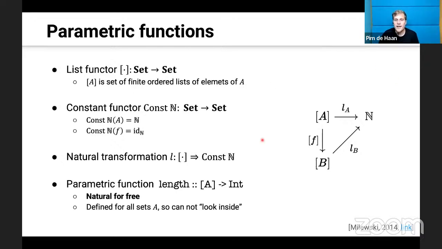And this is a triangle and not a square, because any morphism f is applied to the identity map on the set of natural numbers. And there's a link here by Bartosz Milewski, a blog post saying that all these kind of parametric functions give rise to natural transformations. I find it very interesting.